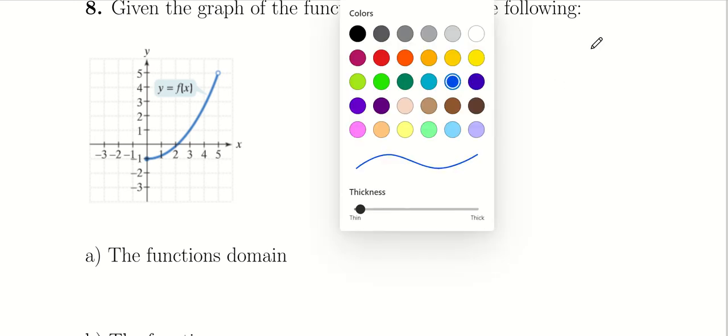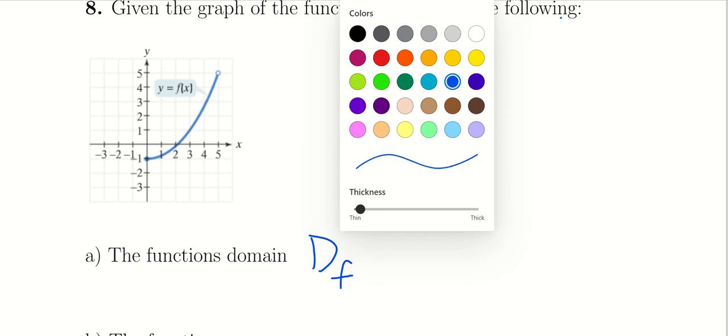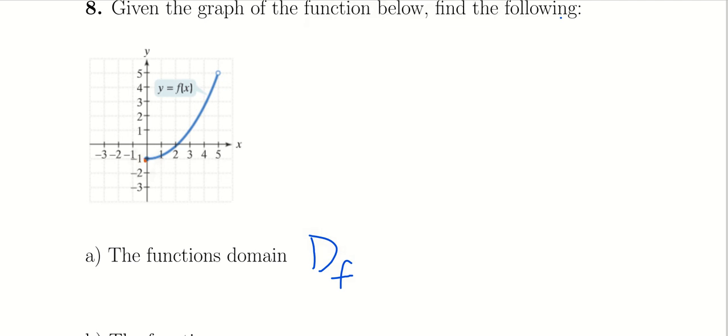The next question we're going to look at is to find some information based upon the graph of a function. Whenever you're looking for the domain of a function, remember, those are the collection of x values. So you're essentially asking the question, how far to the left to how far to the right does the graph go? This graph, the leftmost point is this one right here, which is at x equals 0.